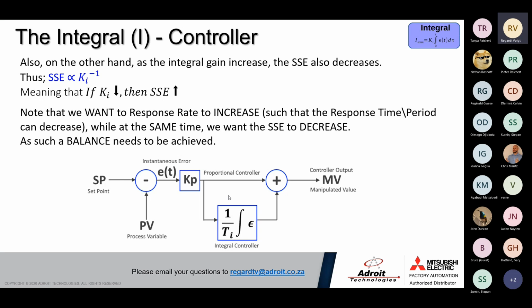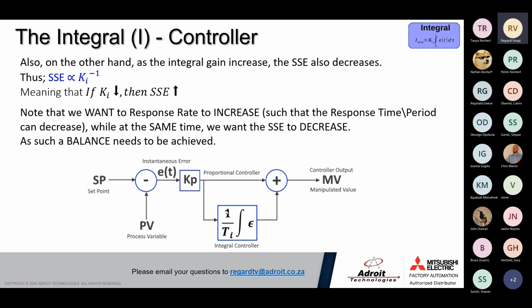So if you add the integral controller factor to your closed loop control system, it would be this element here. This integral time is indirectly proportional to your gain.